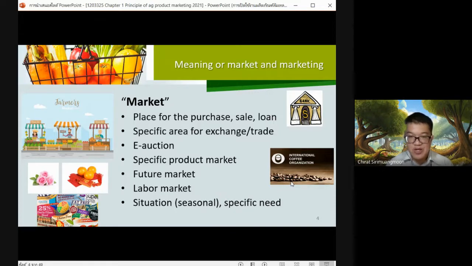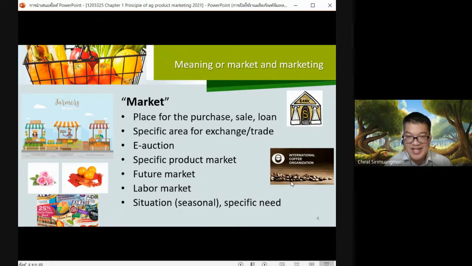For example, we have the coffee market, which does not actually have a real or physical market. The coffee market is the place where they ask for the price, they set the price, they purchase, they buy the coffee. Sometimes they do it in futures.